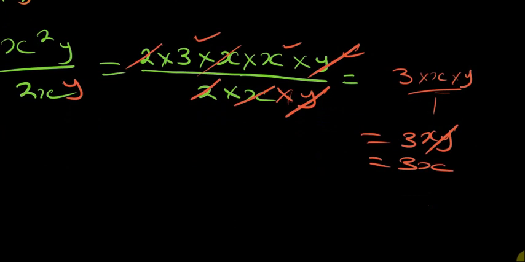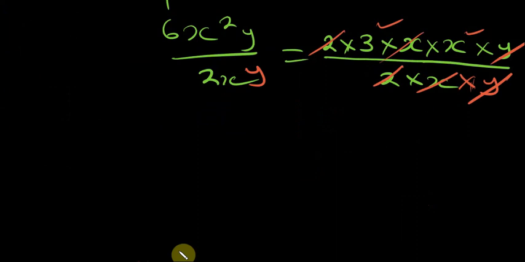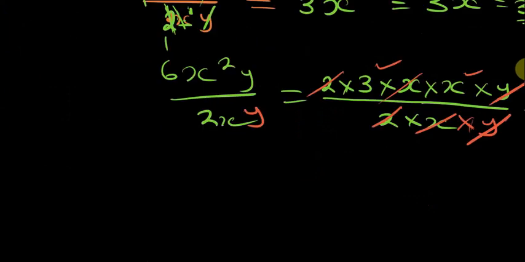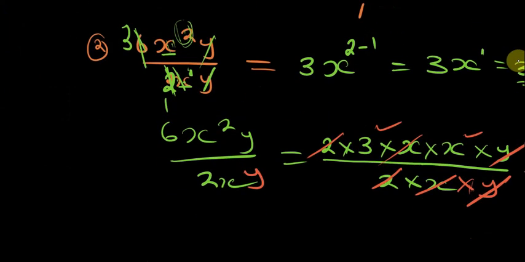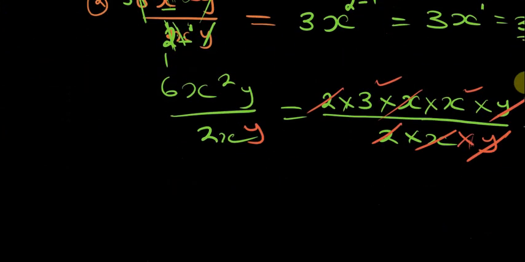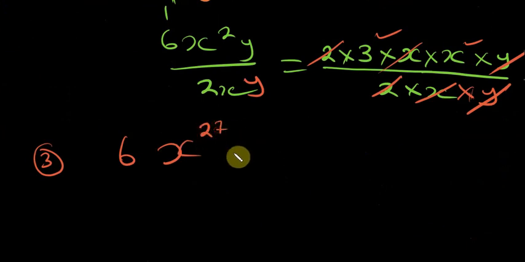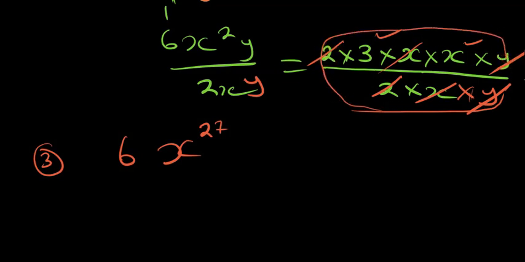Cool. That's an easier method to use if you are able to do it and the power is not so large, because if the powers were so large, for example if it was 6x to the power 27, you could, but it would take a lot of time to use that method.